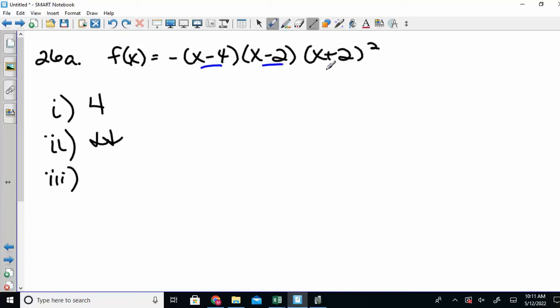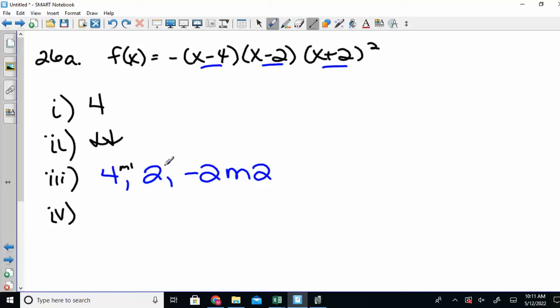Zeros. It's already factored, so we just have to figure out what makes each parenthesis equal 0. What makes x minus 4 0? What about x minus 2? And x plus 2. And since that one's squared, it's a multiplicity of 2. Okay, the next step, bounce or through.